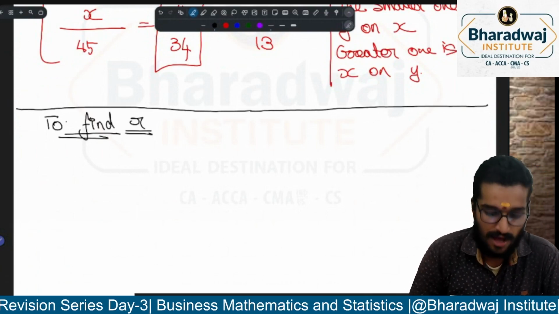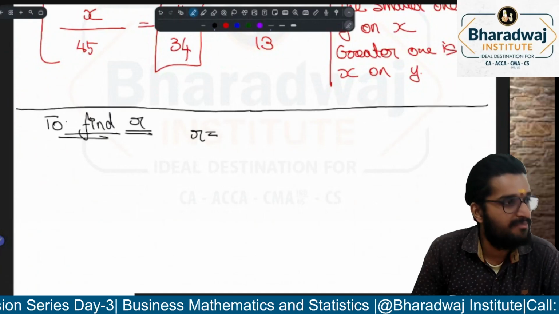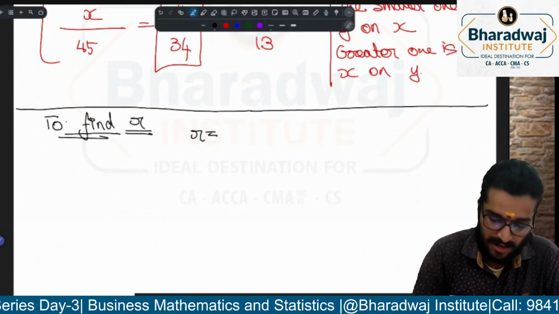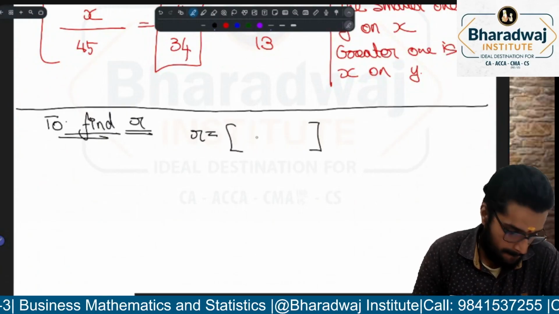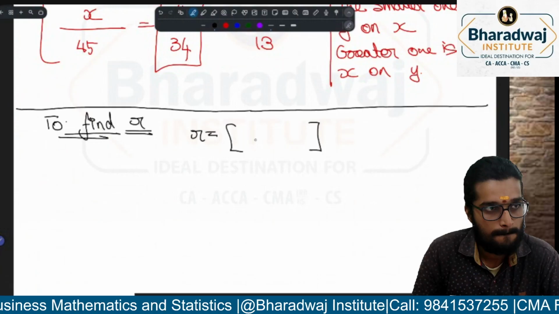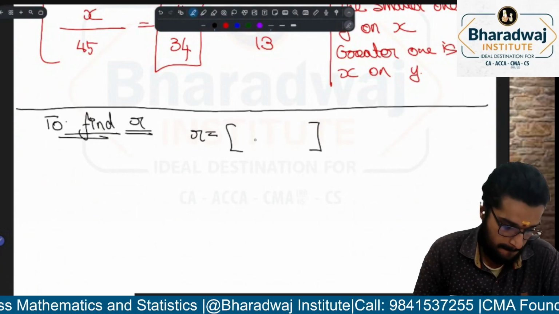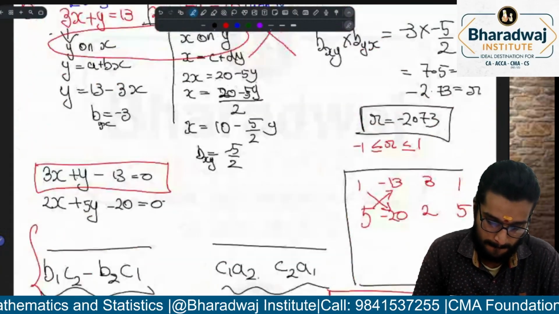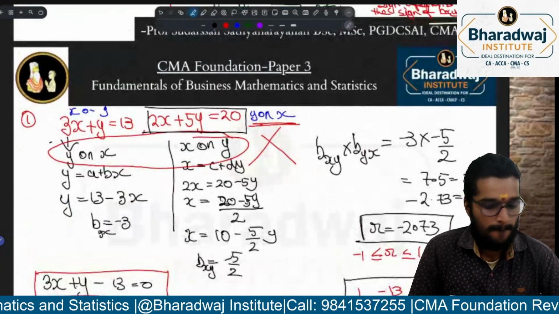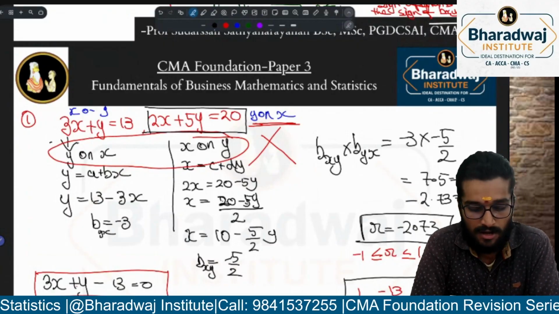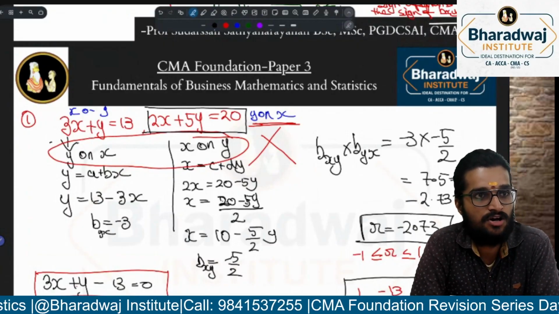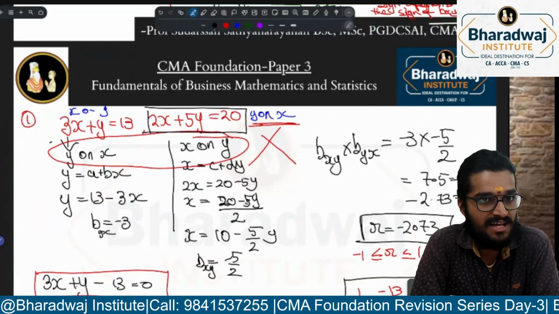Similarly, to find R, it can be written as: R is nothing but, in both the situations, y is having the same sign, yes or no? Y is having the same sign.